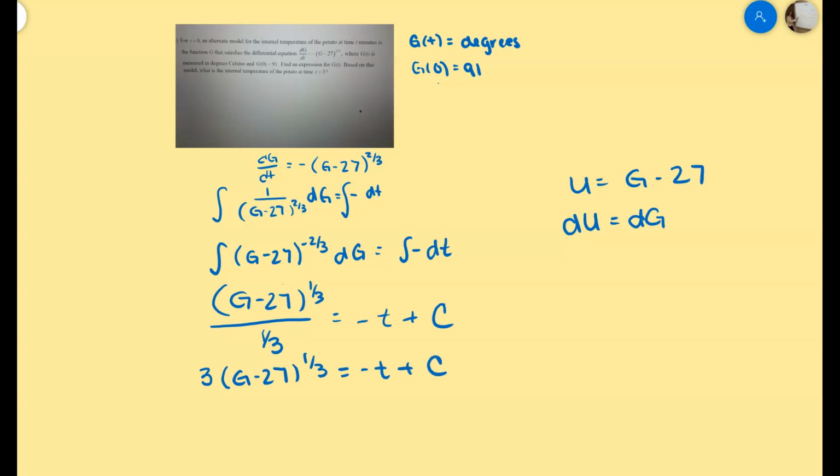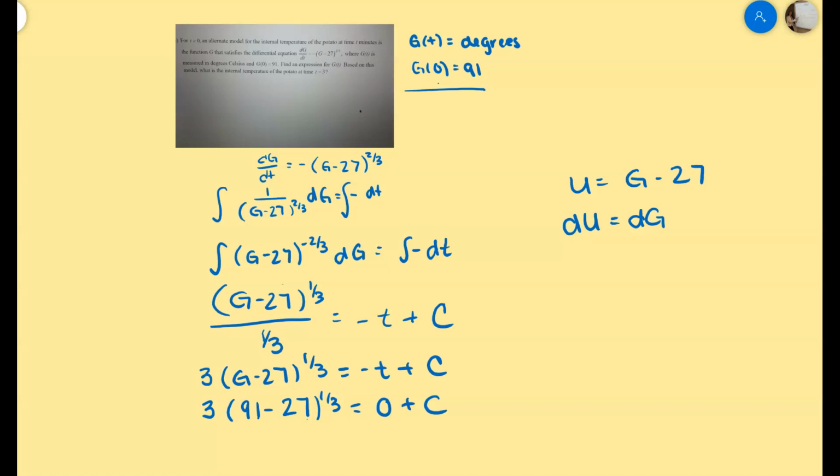Now we want to solve for c, and we'll use our given condition of g of 0 equals 91. So we have 3 times (91 minus 27) to the 1/3 equals 0 plus c. 91 minus 27 is 64. The cube root of 64 is 4.